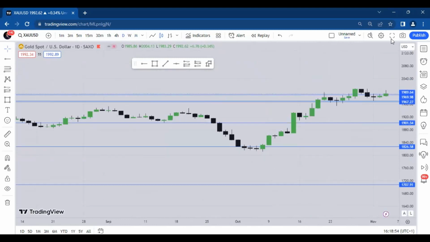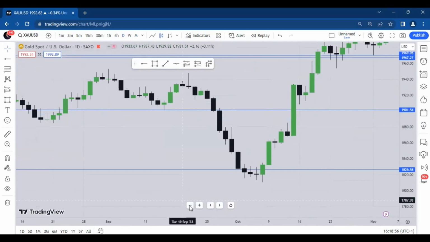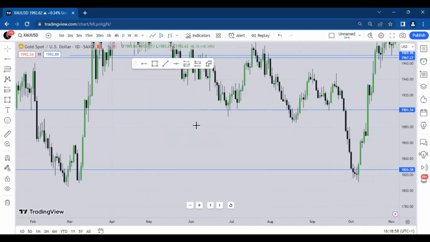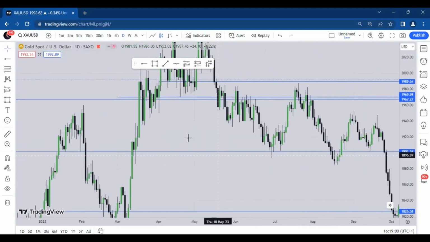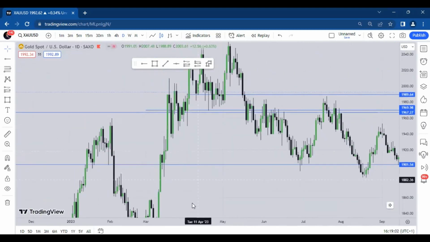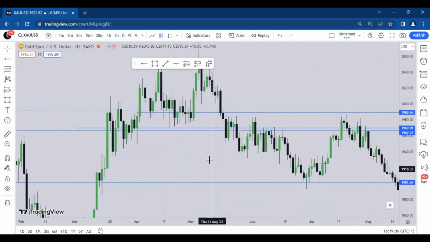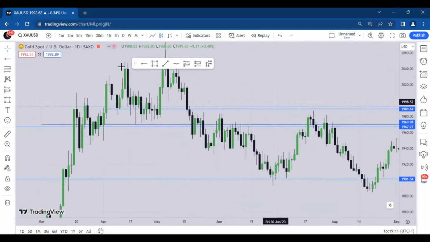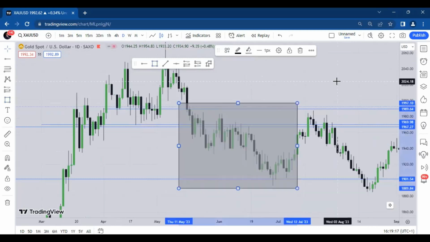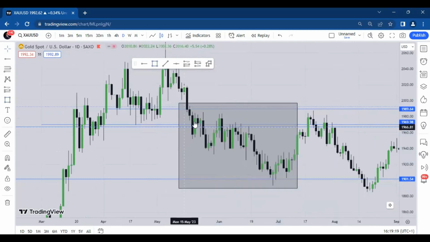Now, this is daily. Market is always moving from support to resistance, and from resistance to support to resistance. If we use this range here as an example, it will be more straightforward for us. So if you come here, where did this sell start from?